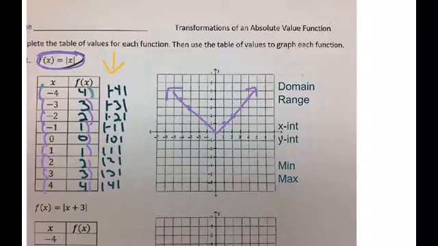Even though we have specific points in our table, we were choosing what numbers to put into our table. So the graph itself represents all possible points we could put in there. Now since it didn't tell us where to stop or start, we're going to use arrows on the ends. That's going to make a difference to what our domain and range is. So now that we have our graph, let's do our domain and range.